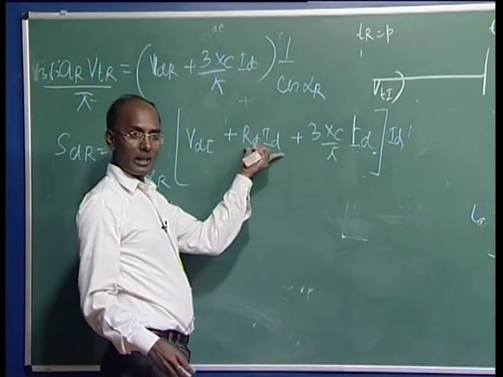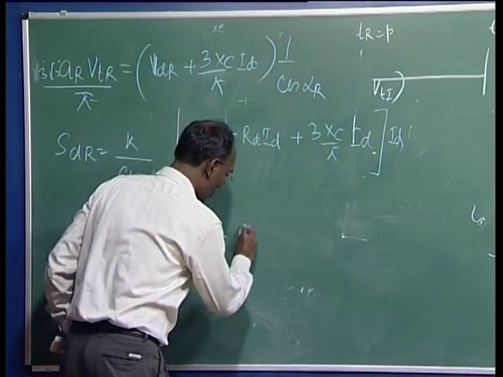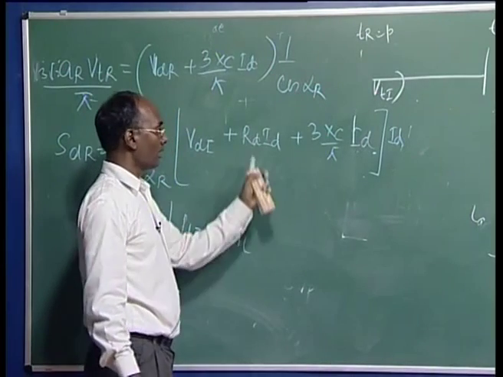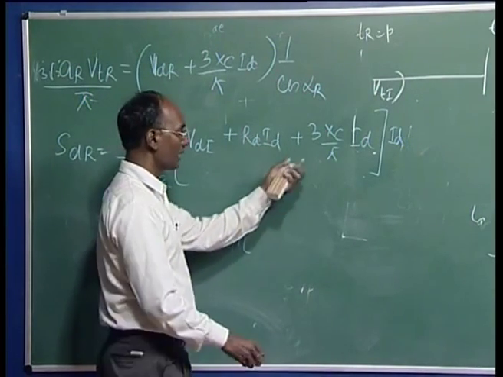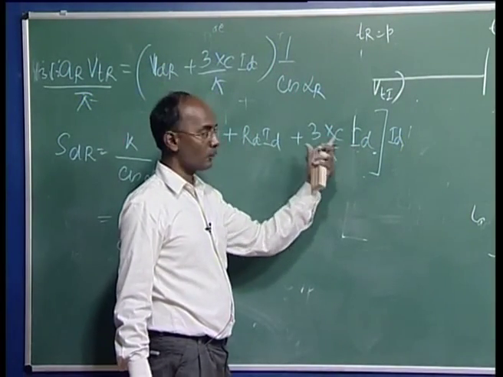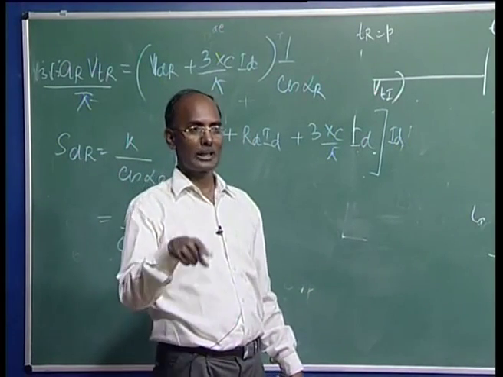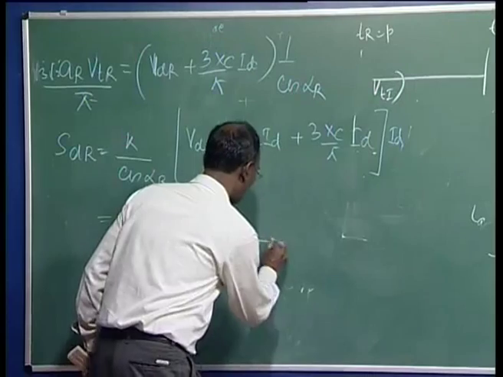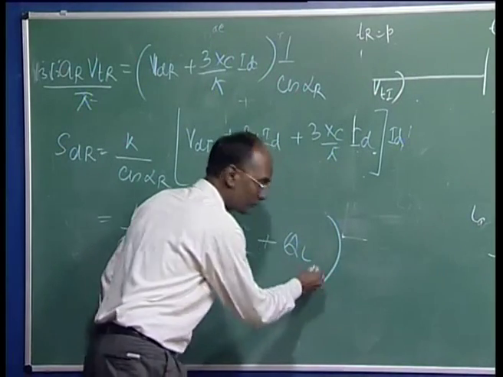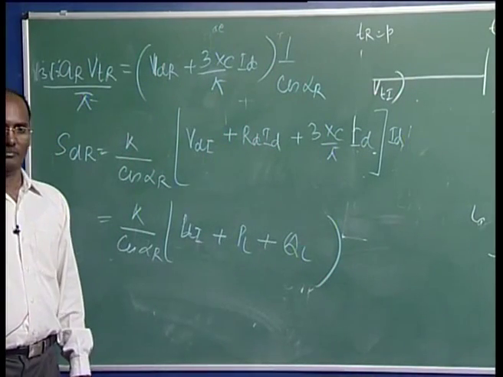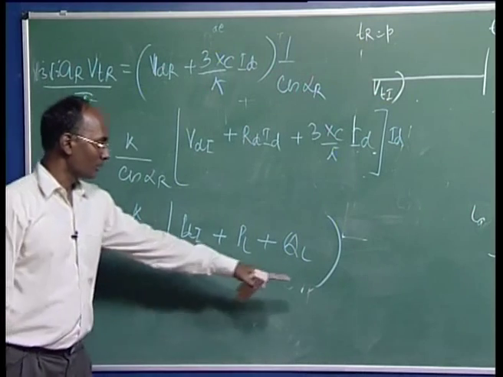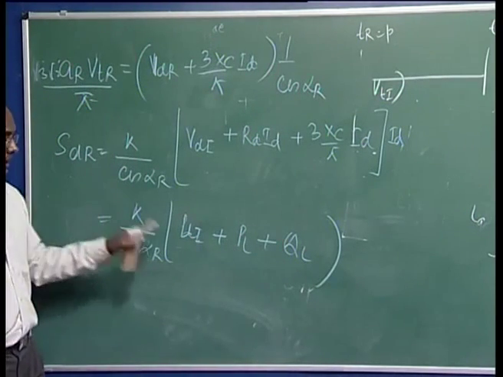This value is your loss, I can write it as PL. RDI into ID square, and X into ID square, this is again the loss in terms of your reactances. So here I can say it is QL. So we are getting this function SDR in this sense.